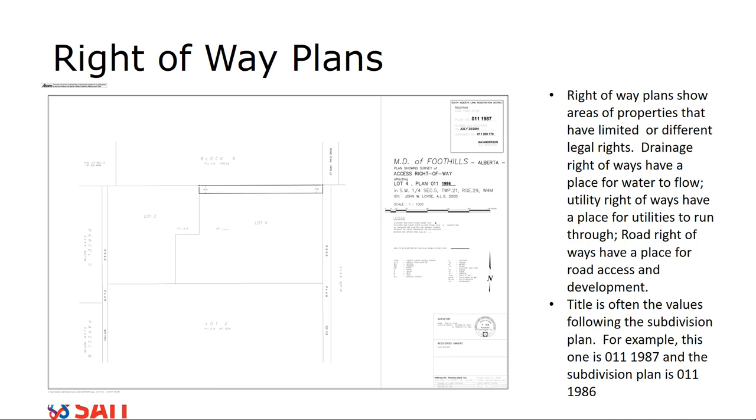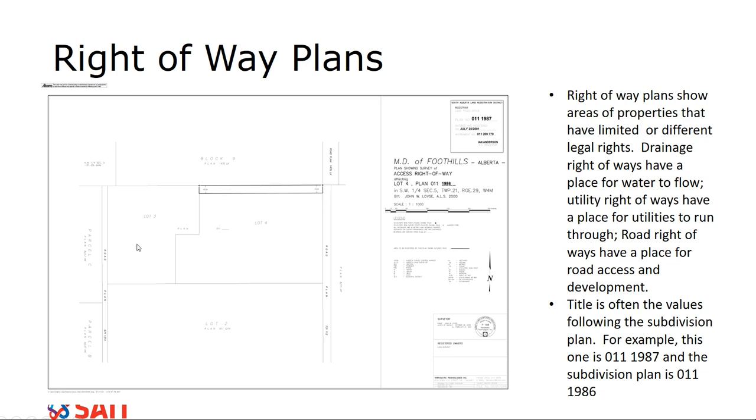So this example here is showing this right-of-way, and this is an access right-of-way. So access means probably that this lot here, there's a road plan here, but maybe there's no road there. Or maybe the road is really difficult to get onto, or maybe is not really maintained. It could be anything.